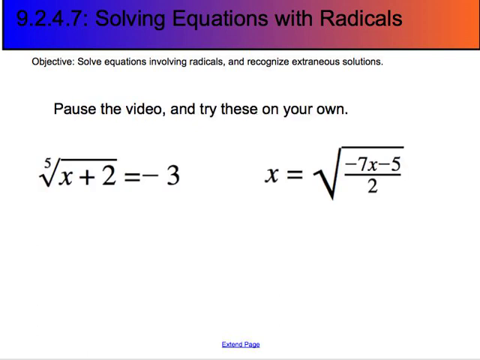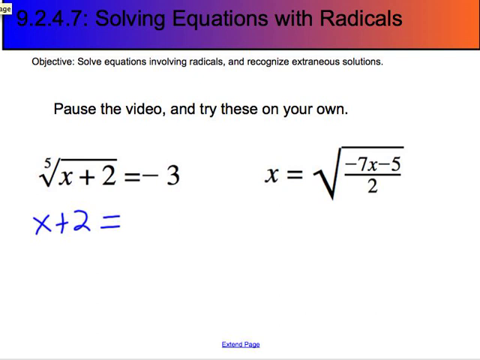I'm actually going to go back one slide here and do most of my work. So for the first one, you take the 5th power of both sides. That's a good first step. I get x plus 2 equals, what is -3 to the 5th power? I should have had my calculator out for this.